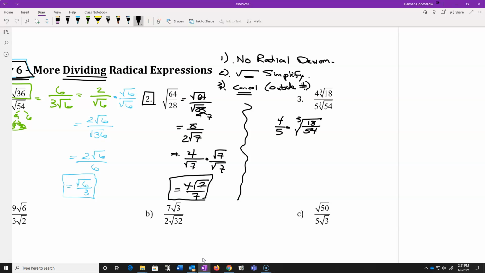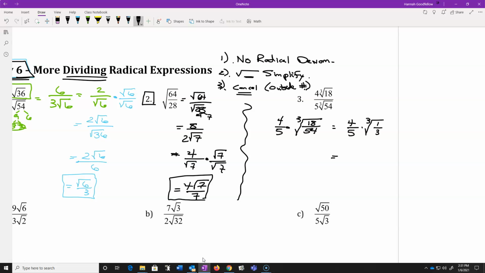So be like, maybe those two together would work better as a fraction together. And it turns out that 18 does go into 54, and this whole entire thing would turn out to be 4/5 times the cubed root of 1/3. 18/54 reduces to 1/3. Now, I've just made the problem smaller, which is really a good idea.